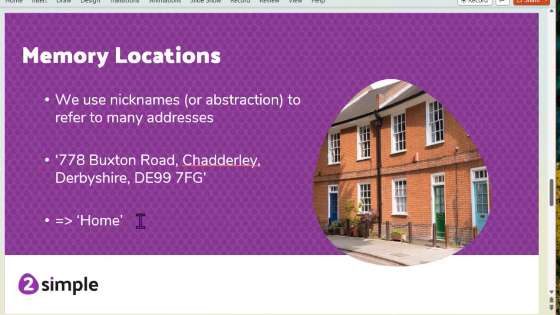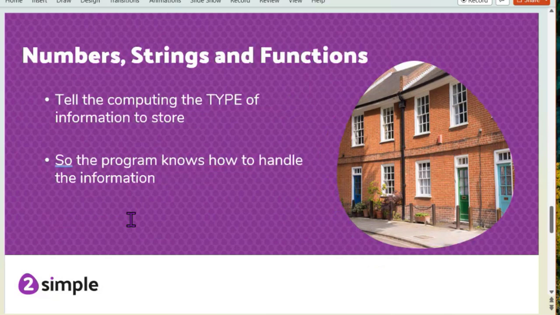So when they're referring to that, they wouldn't say let's go to 778 Buxton Road, they'd say let's go home. So they have kind of a nickname for this address or this location, and that's an important thing that we need to get an idea of before we do use it in computing.